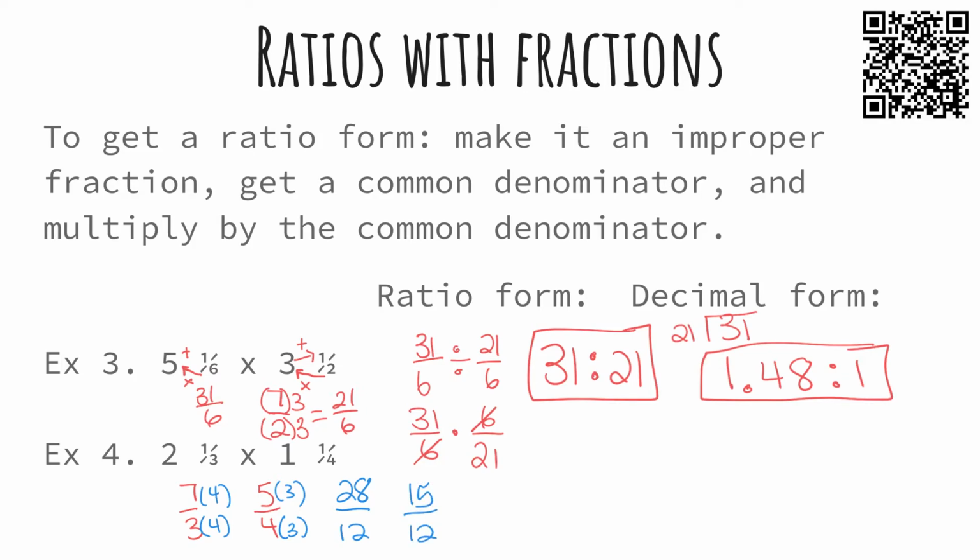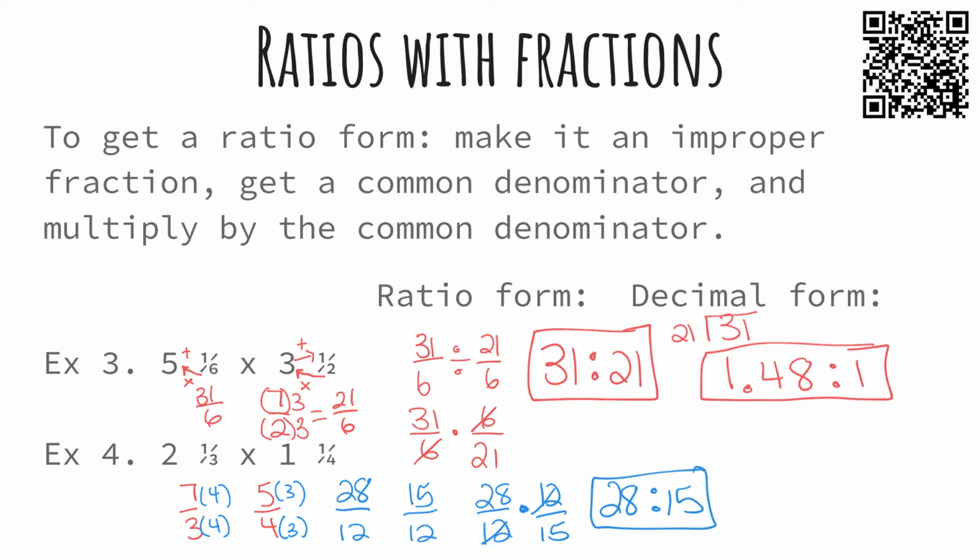Okay, so now if I take the larger one, 28/12, and divide it by 15/12, I can go ahead and multiply by the reciprocal, 12/15. The 12s cancel, so we get 28/15 as our aspect ratio.